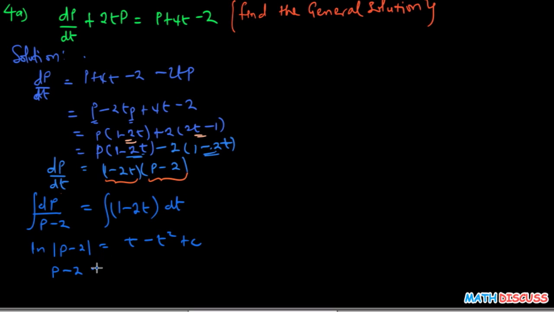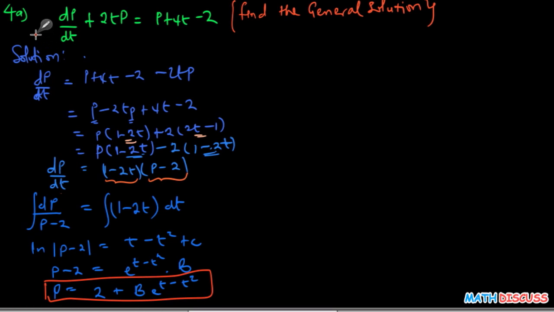This is going to be p minus 2 equals e to the power t minus t squared times b. I've skipped some steps there, so this is p equals 2 plus b e to the power t minus t squared. Now this is the general solution of this differential equation.